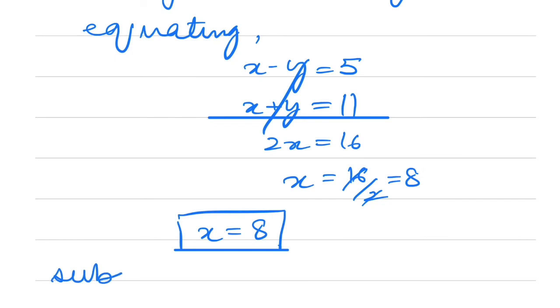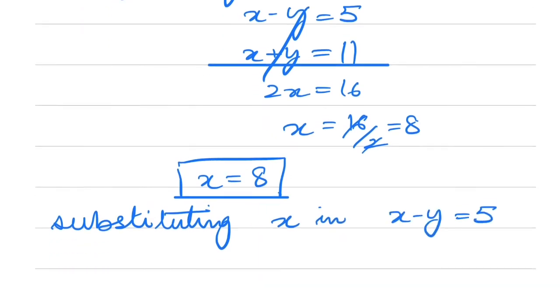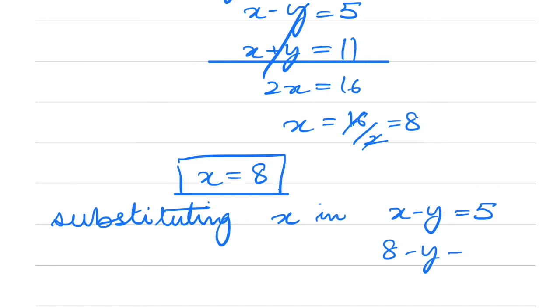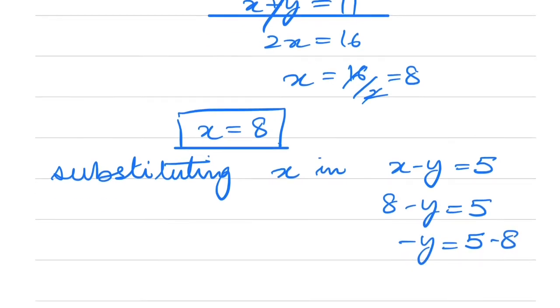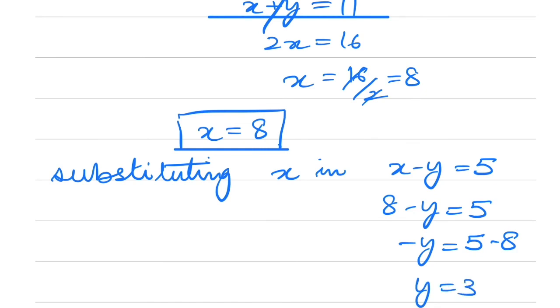Now substituting x in x minus y is equal to 5, we get 8 minus y is equal to 5, so minus y is equal to 5 minus 8, y is equal to 3.